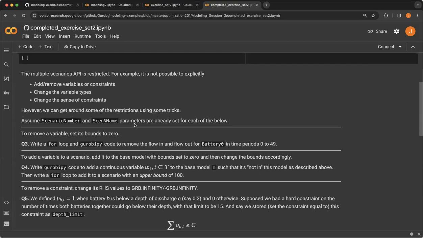So you can't add var between scenarios. You can't change variable types. And you cannot change the sense of constraints or add constraints. So you can't add constr between scenarios, but there are ways to get around that.